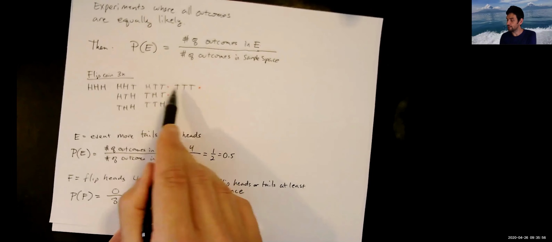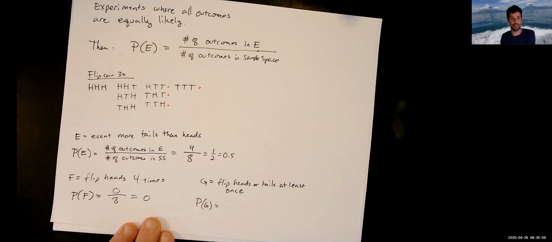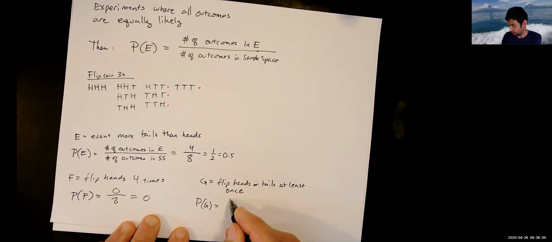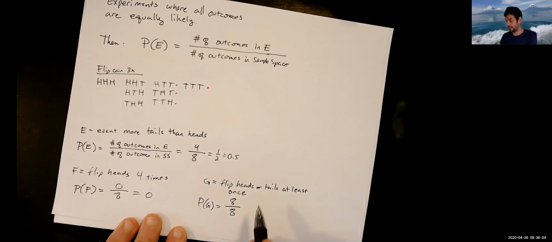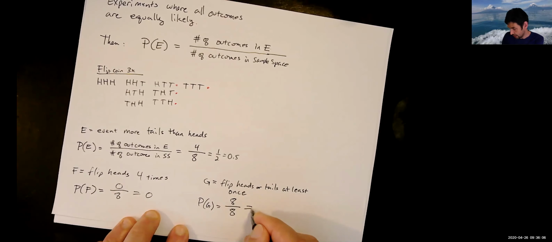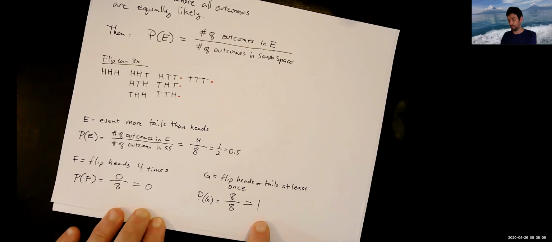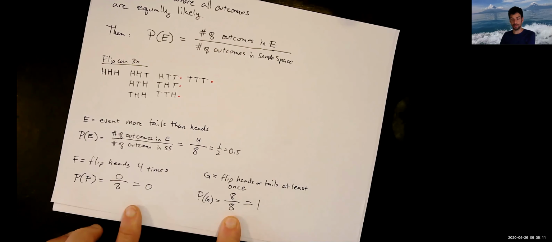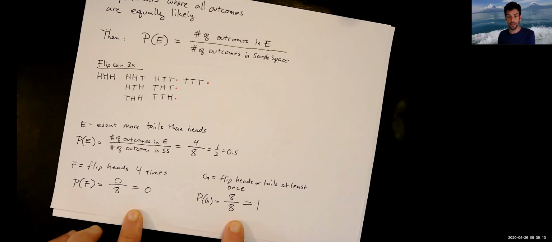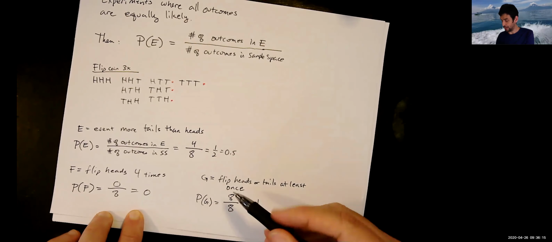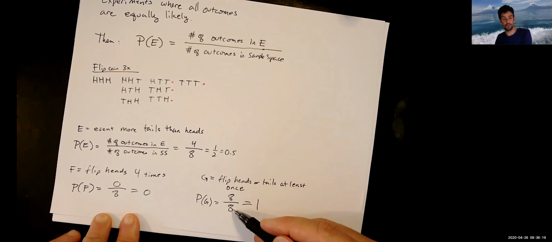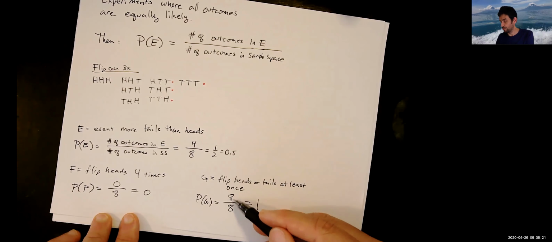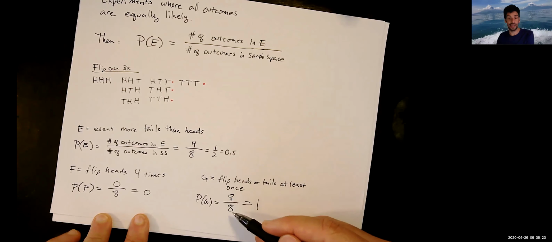This one has tails at least once. This one has both of them at least once, right? So in other words, there are 8 outcomes out of our 8 that satisfy this event. It's certain to happen, probability 1. And now you see why probability can't be larger than 1, because you can't have more outcomes in an event than there are total number of outcomes, right? And so the best case scenario here is 8 out of 8, right?